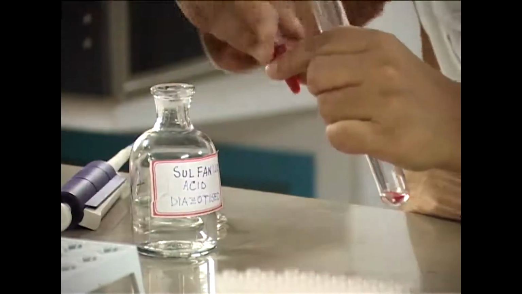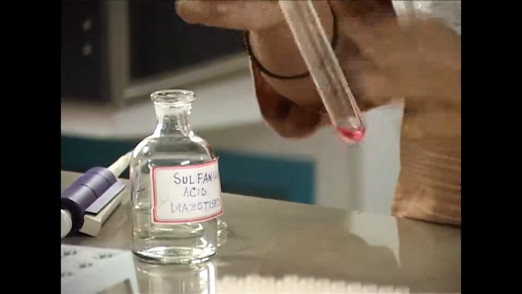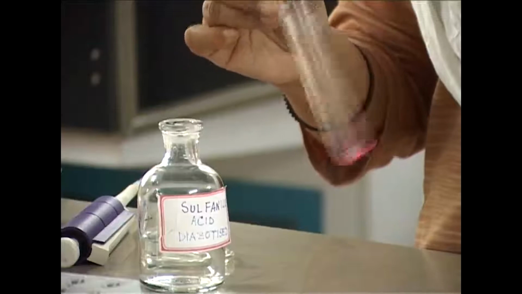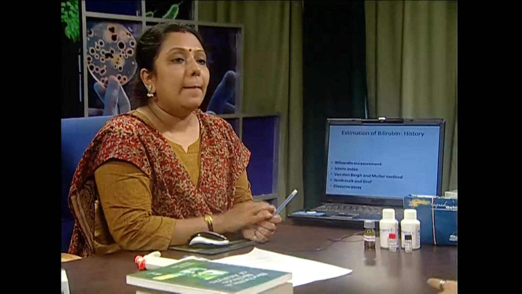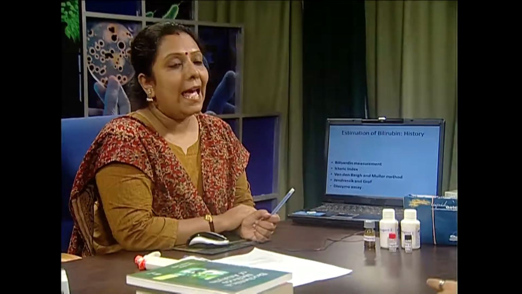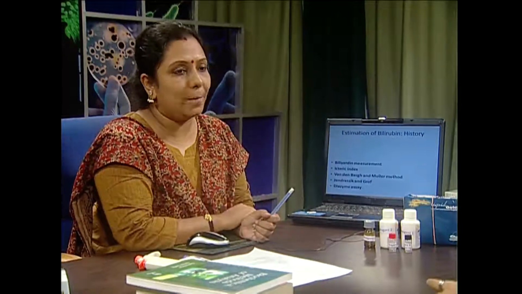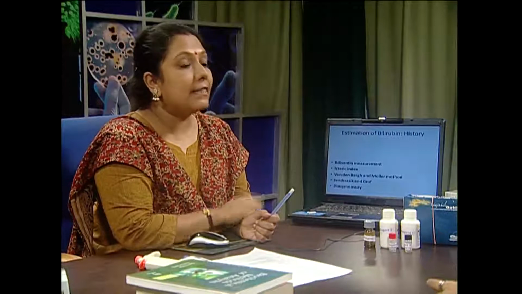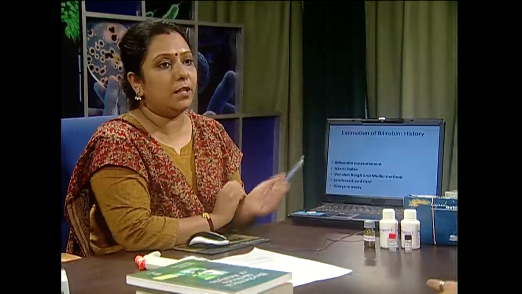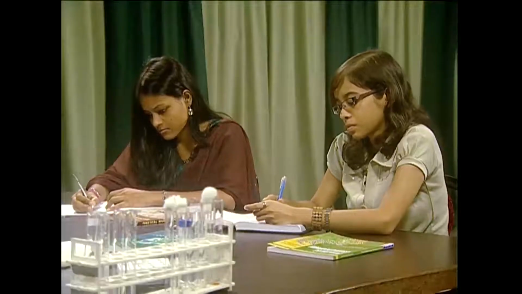In the acidic medium, they made a red color product, which can be estimated at 540 nanometer. But they needed 30 minutes for incubation and they stopped the reaction with ascorbic acid, and only the conjugated bilirubin responded to the reaction. When they put alcohol, then the indirect or unconjugated bilirubin was dissolved and responded to the same reaction.